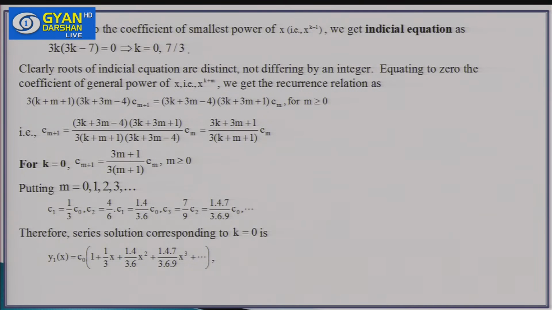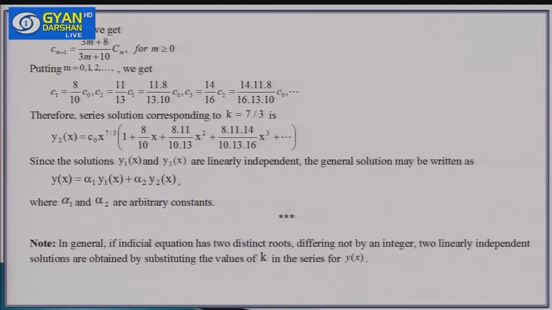What will happen if they differ by an integer? That is a different case. But this is one of the cases where for two different values of k you will get two different independent solutions. Just put k equal to 0 and then solve it by the same procedure. Use the recurrence relation by equating the coefficients of x on both sides, and you will get the relation between different coefficients, and you put them in, you will get this solution.